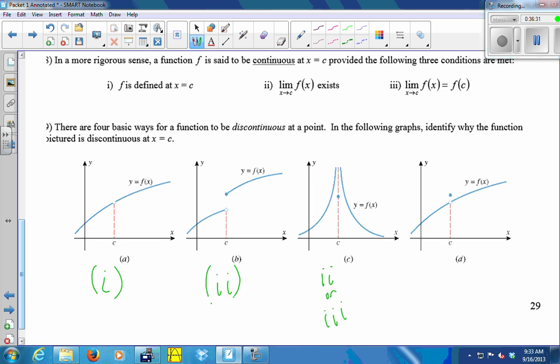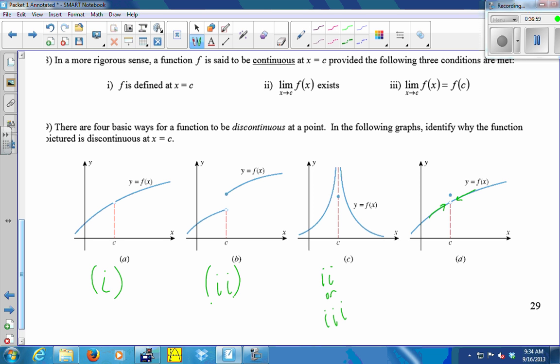Okay, how about part D? Reason number 2, the limit doesn't exist? The limit as x approaches c, the limit from the left and the limit from the right, are they approaching the same y value? Yeah. It's 3.